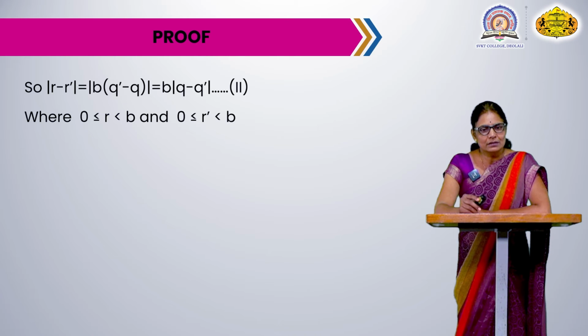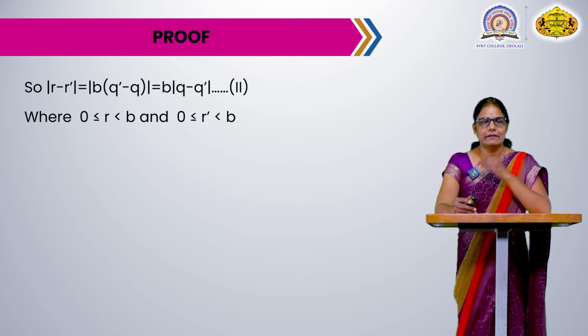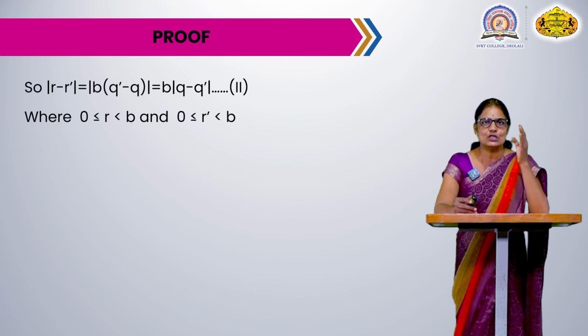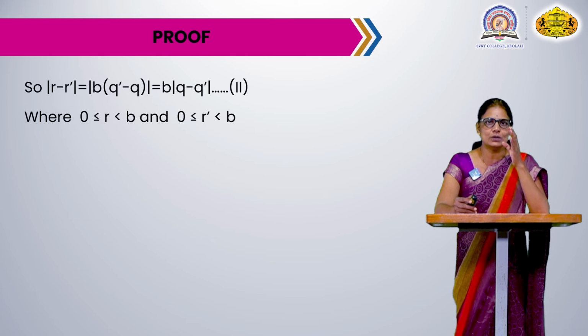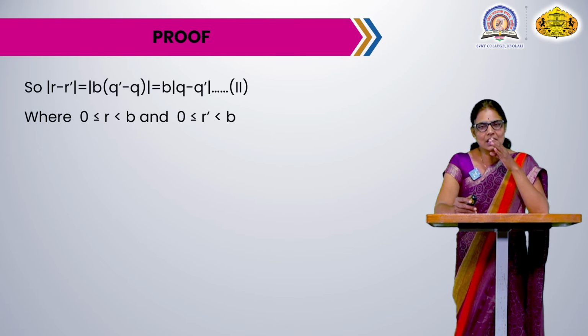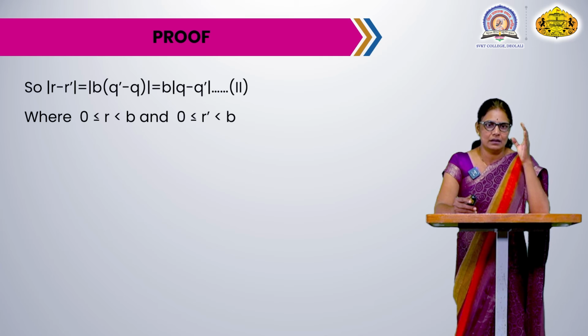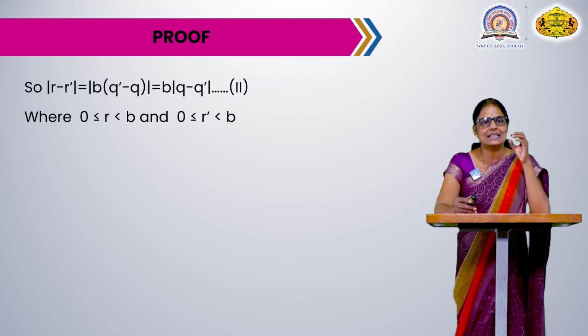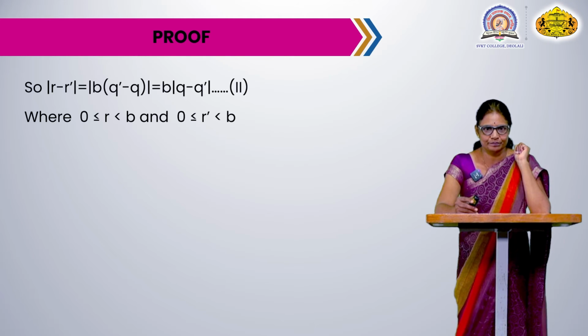Now, since we already assumed that a has two different representations in the desired form, that is, a can be written as bq plus r and a is the same as bq dash plus r dash, with 0 less than or equal to r less than b, and 0 less than or equal to r dash less than b here.